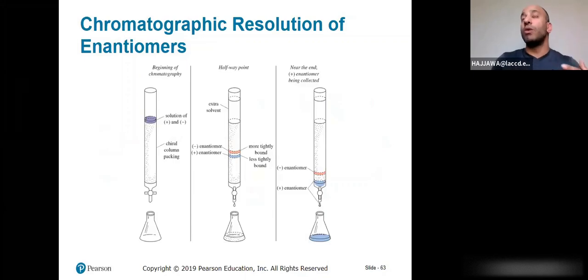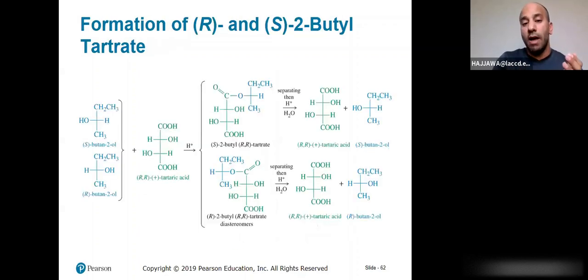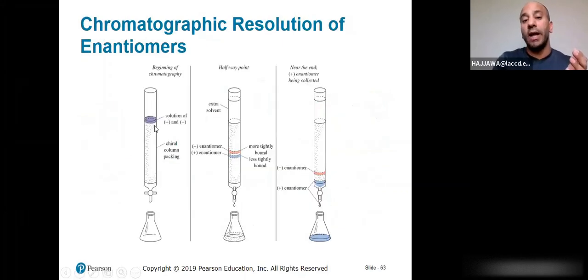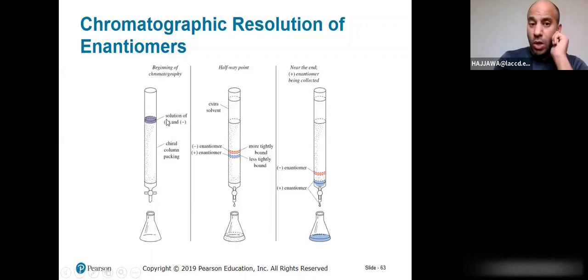Nowadays, they have what we call chiral column chromatography, where this chiral compound that I have to react with the mixture of enantiomers is already there in the column. Meaning when I throw in the solution of the two enantiomers, this chiral material will detect one of them and run it faster than the other.